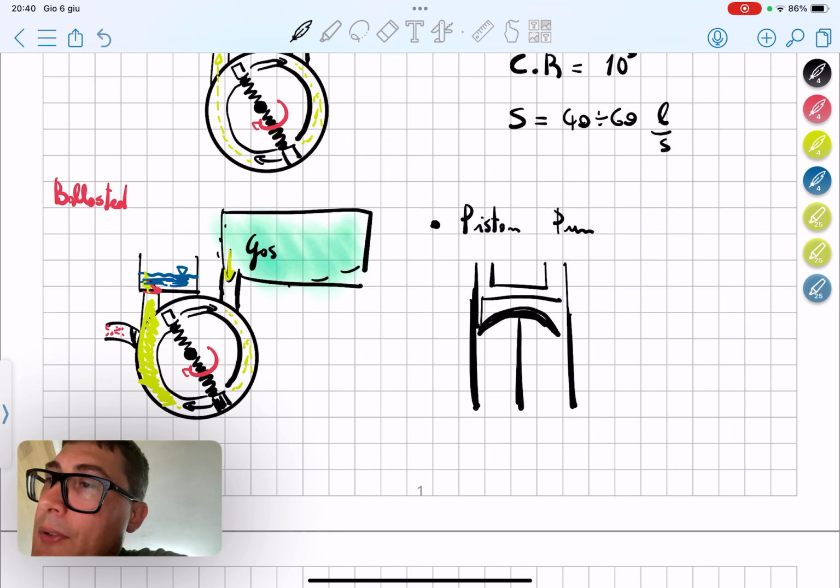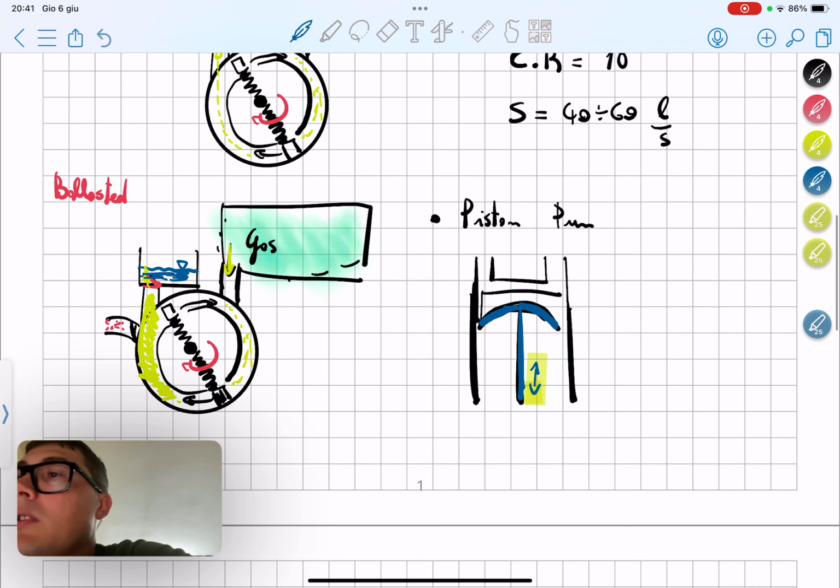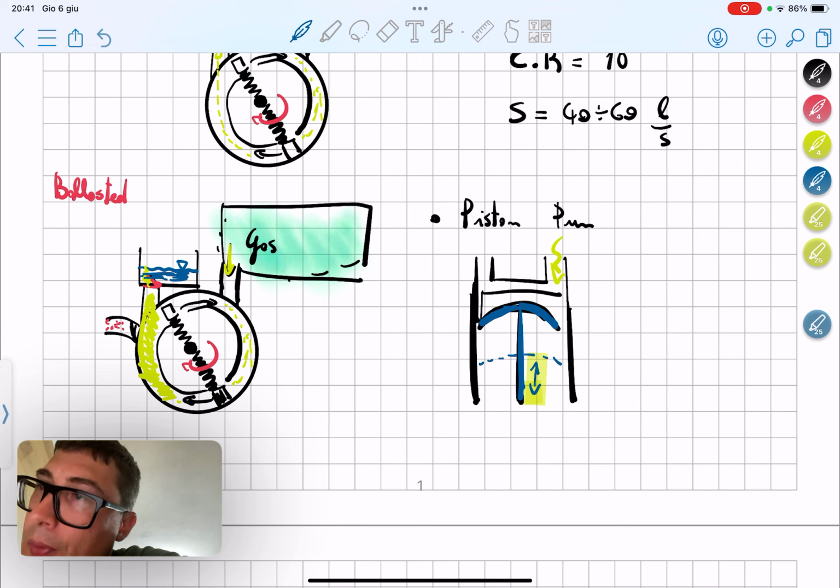This blue one is essentially the piston, and this piston can go up or down, and the gases come from here. When the piston is down, in this position, it is filling with these gases, and when the piston goes back to the position that I drew on this one, it evacuates the gases from here.